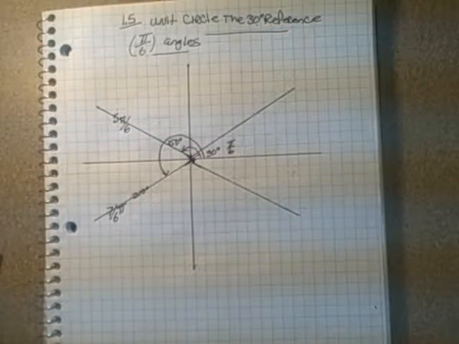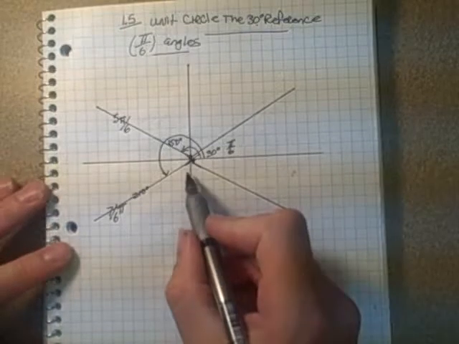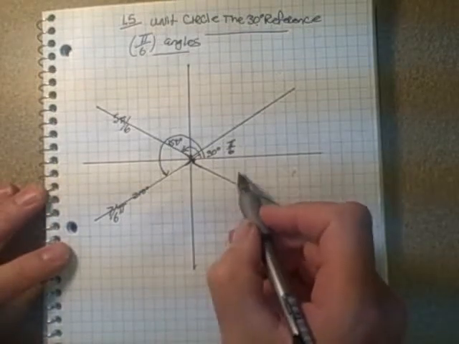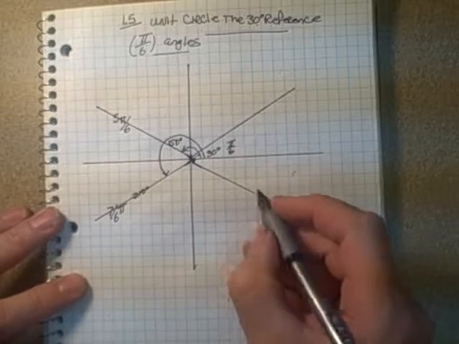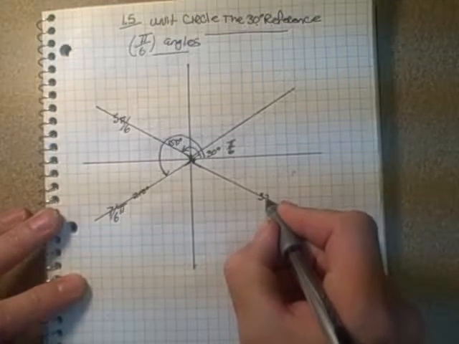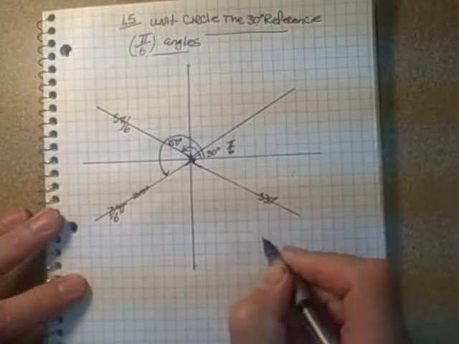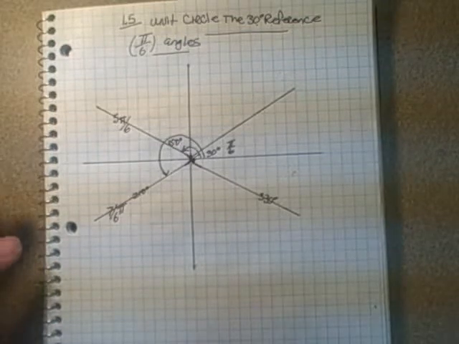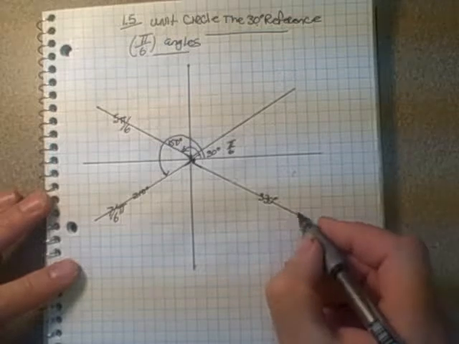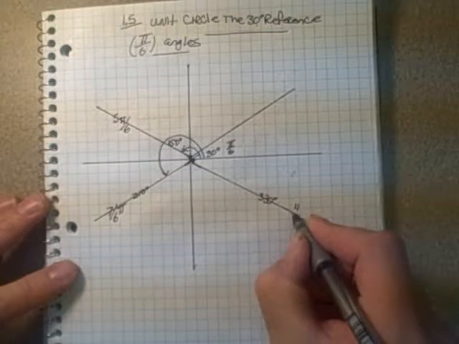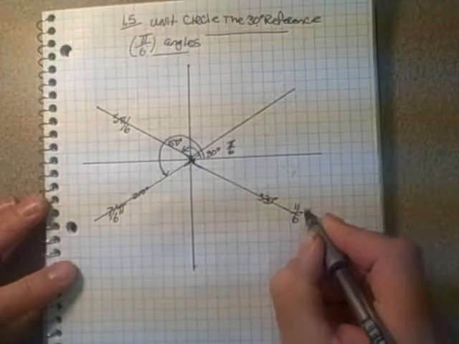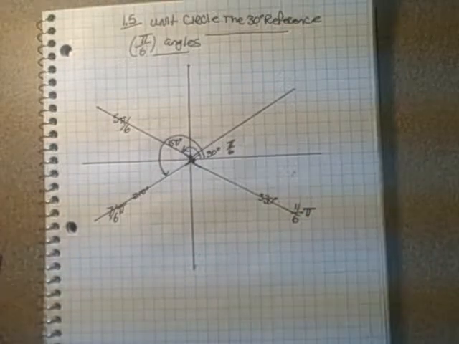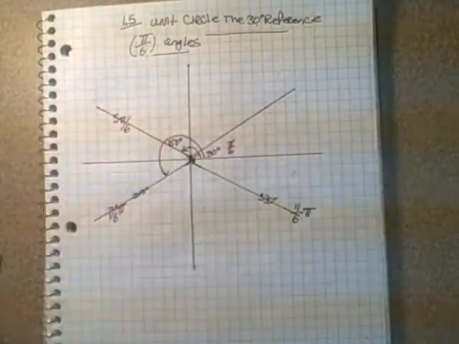And finally, the last one would be 30 degrees minus from 360. This would be 330 degrees. Or using the pi radian relationship for that one, it would be 11 pi over 6 radians. Okay, so now we have our values.